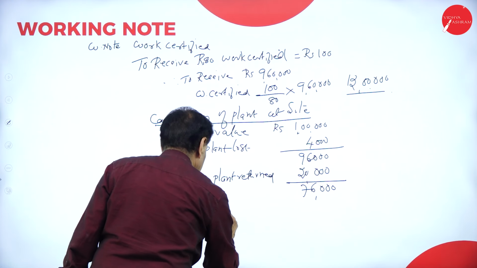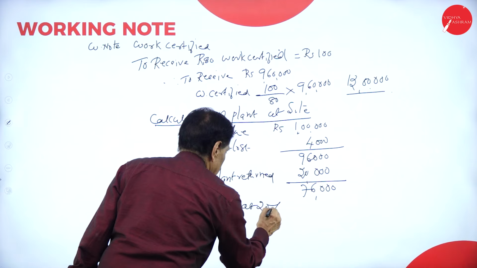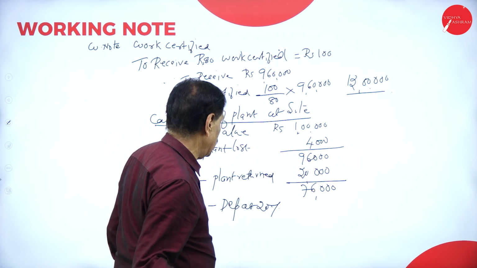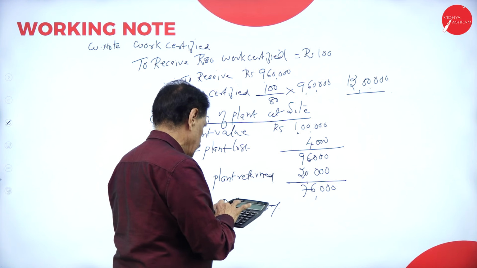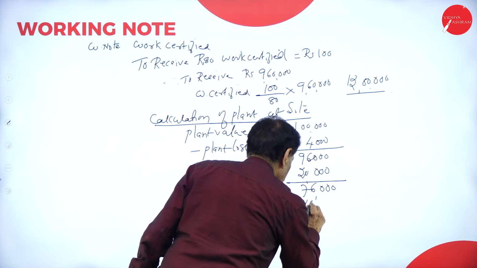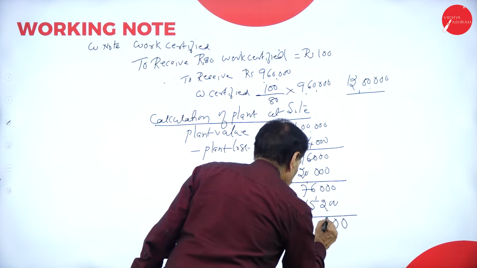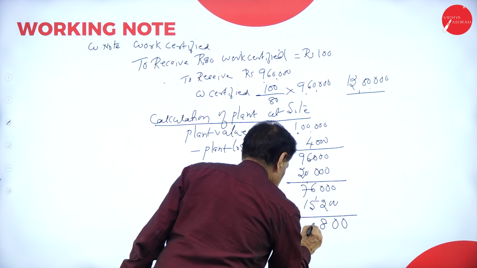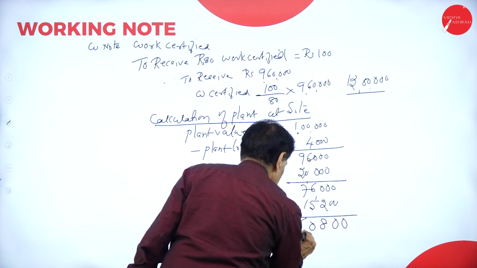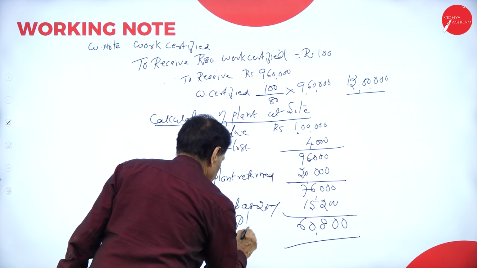Minus depreciation at 20%. 20% of 76,000 is 15,200. Deduct, this is 60,800, plant at site.